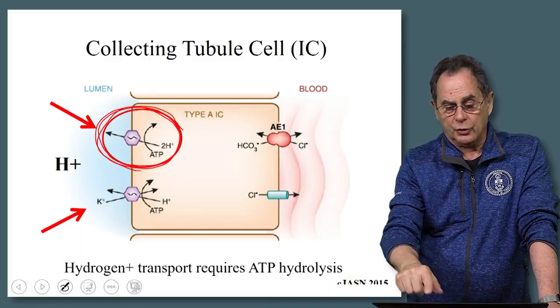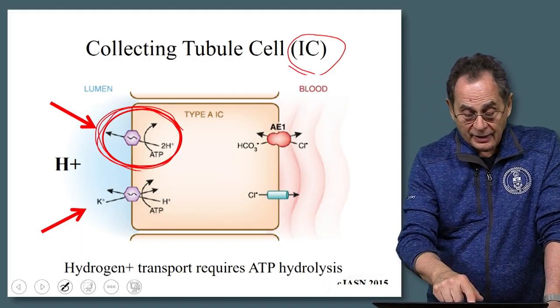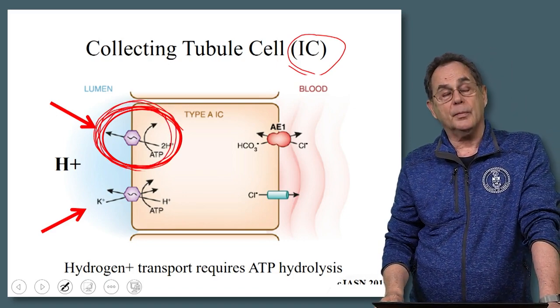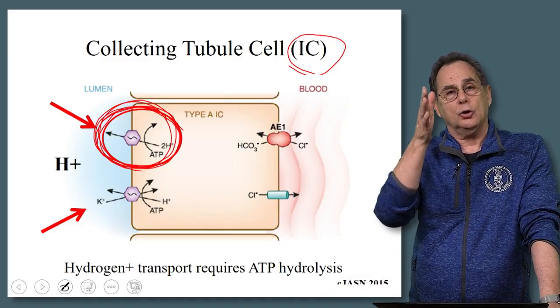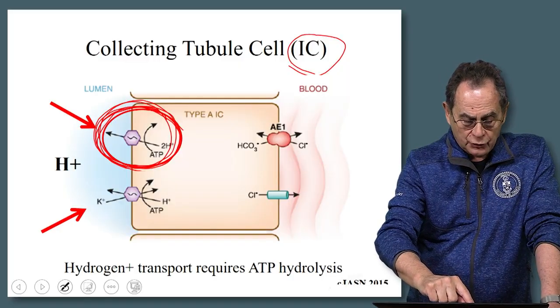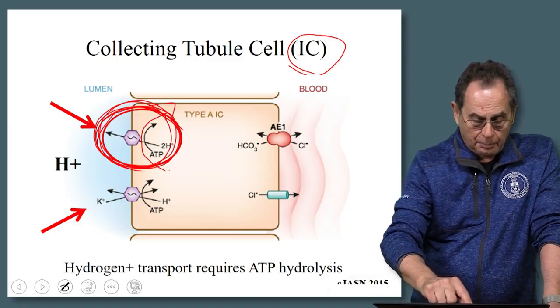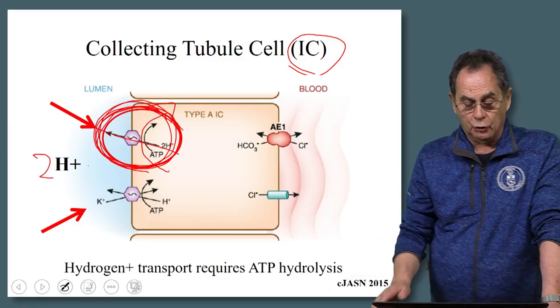And here we're focusing on the intercalated cell of the collecting duct, and it has an ability to excrete hydrogen ion with a hydrogen ATPase. So it has a luminal integral membrane protein that uses the energy derived from the hydrolysis of ATP to pump hydrogen ion from the cell into the lumen.